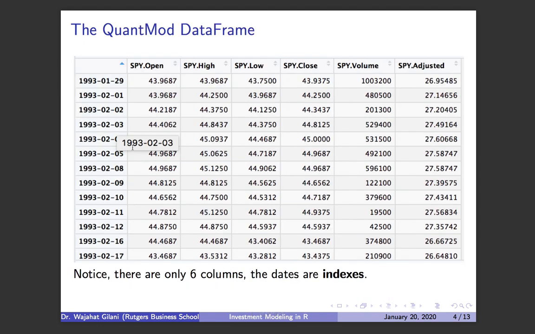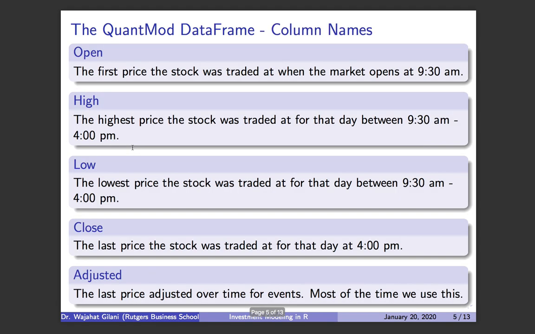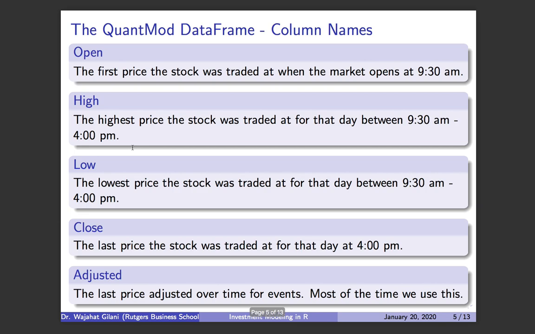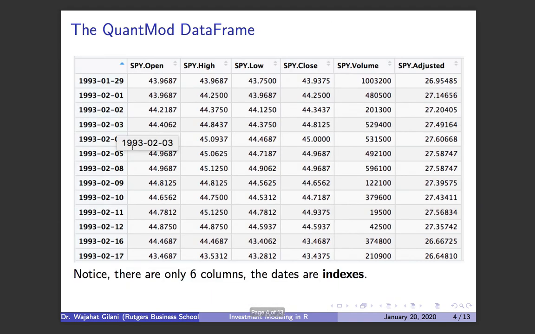All right, now let's talk about this data frame, and what these columns mean, what's going on. There are 6 columns. Each row has a special index, which is the dates, and this allows a time series to be loaded up into R and used like a time series.